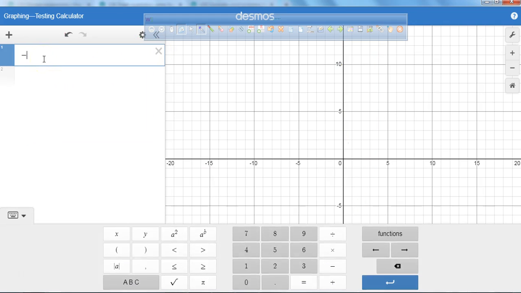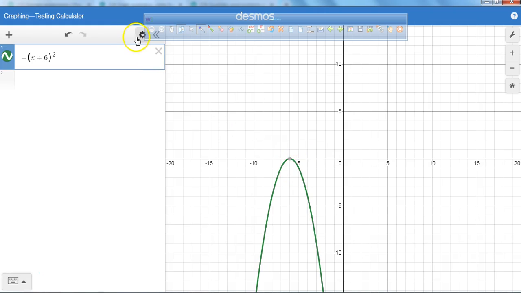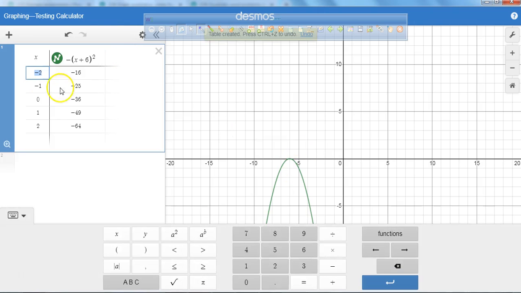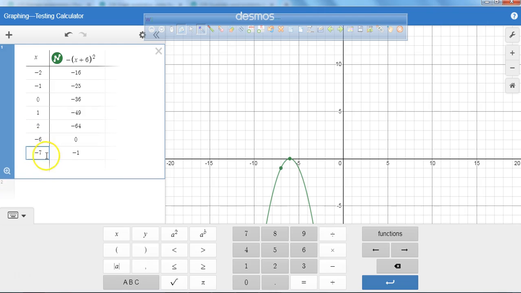But I'll just type it in so you guys can see what I'm doing. And make a table. I have negative 6, there's my 0. Type in negative 7, I'm at negative 1. So all I'm going to use is negative 6, 0, and negative 7, negative 1.